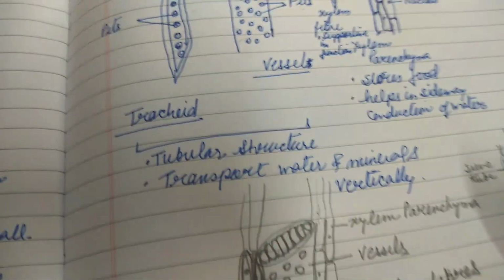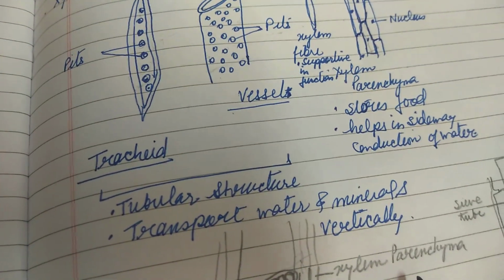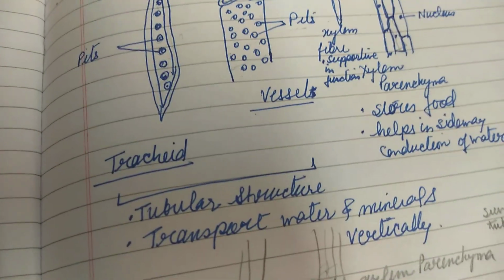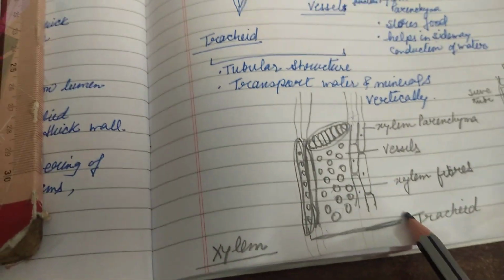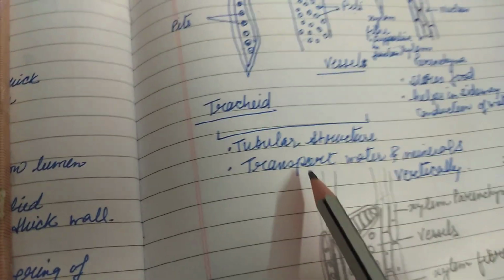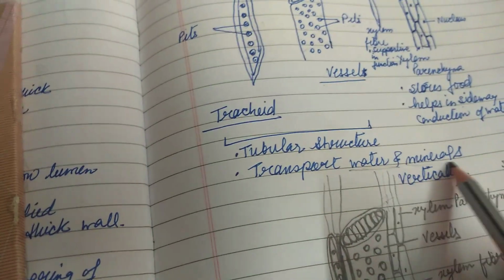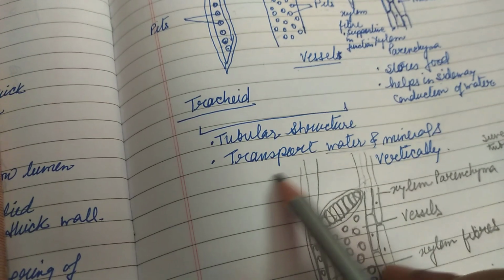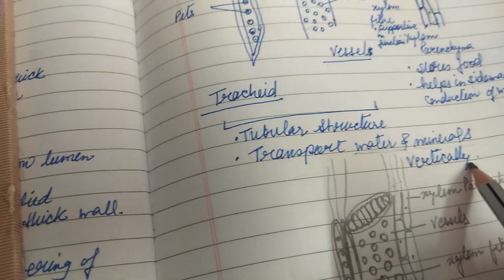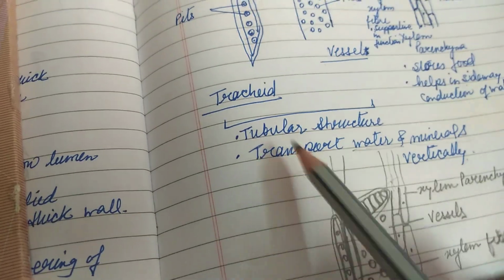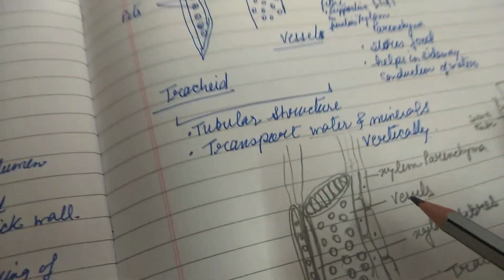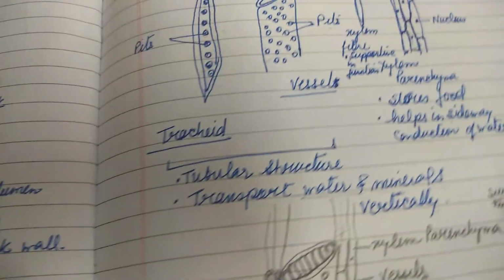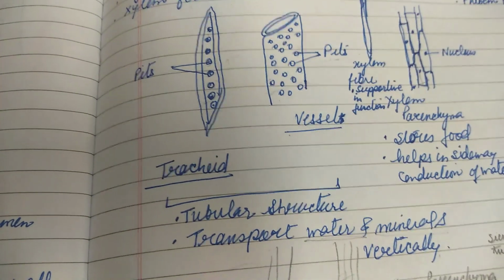So what is the role of this xylem? The role of xylem is to conduct water. It helps in conduction of water. Along with water, minerals are also transported. So it transports water and minerals vertically. It's a tubular-like structure. Both tracheids and vessels help in the transportation of water, so xylem as a whole conducts water.